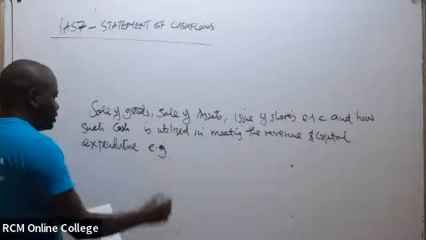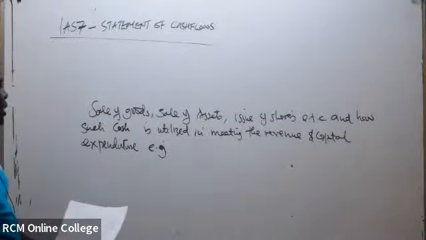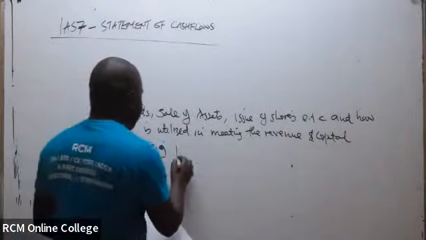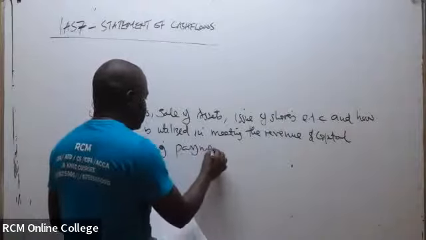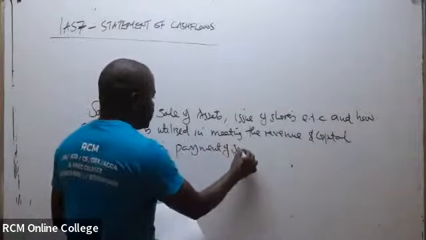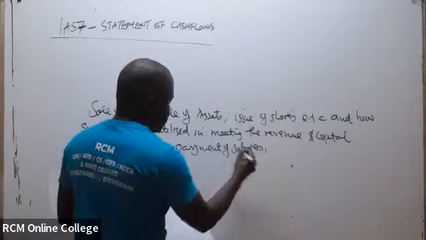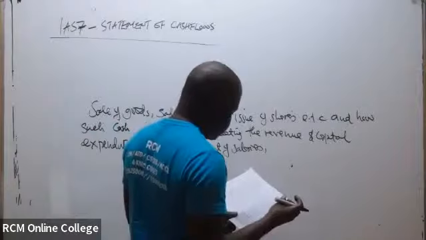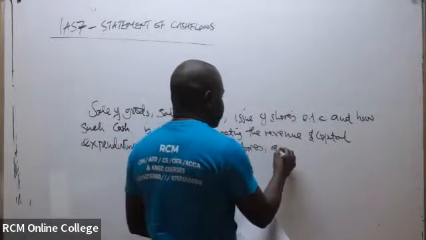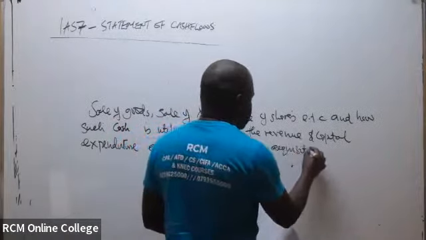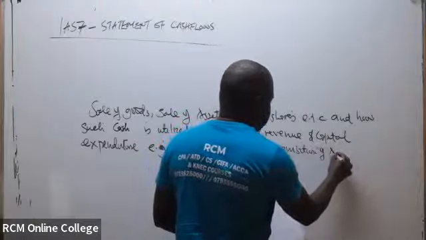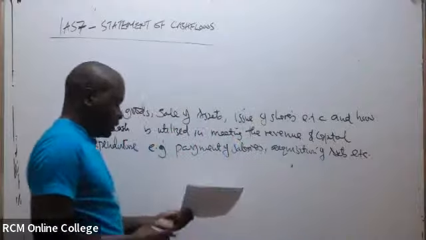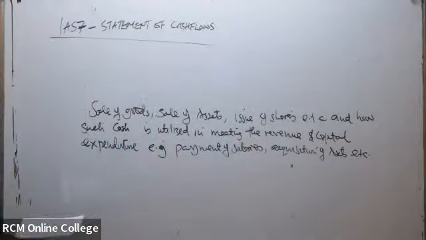E.g., some of the expenses here, and of course some of the revenue and capital expenditure, can include, for example, payment of salaries, acquisition of assets, etc.